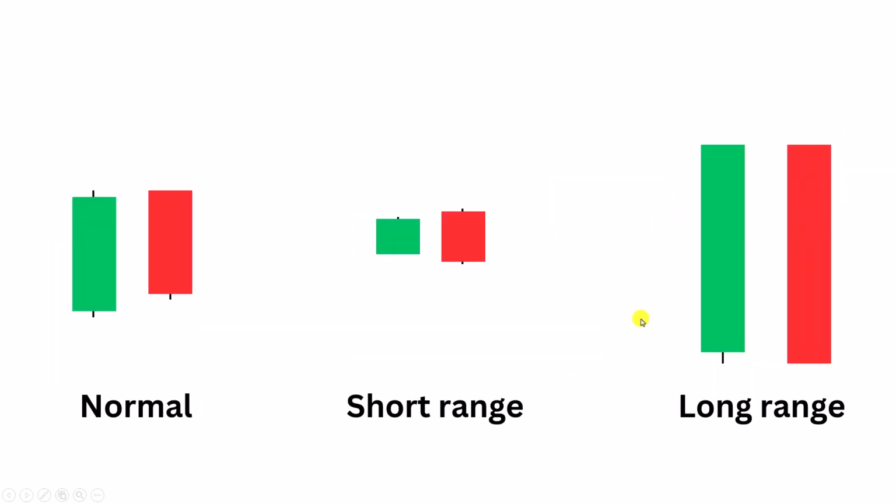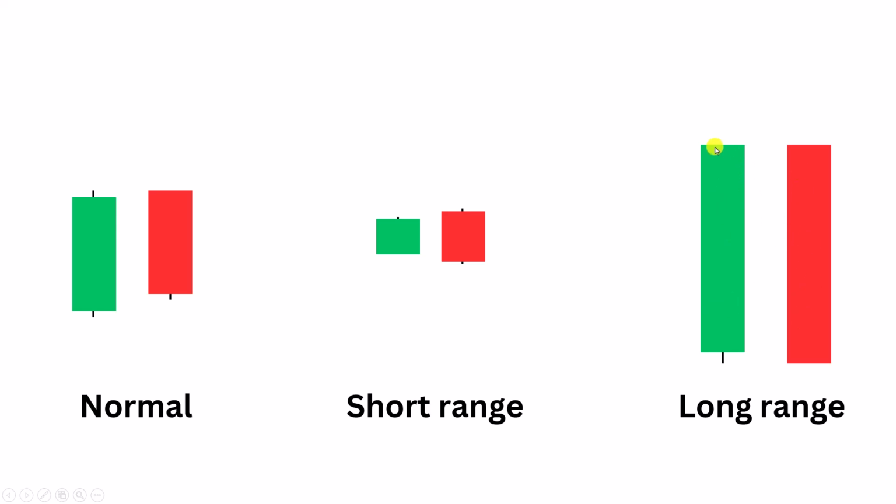Now, if you take any candlestick chart, you will look at these three types of candles: long range candles, short range candles, and normal candles. The long range candles will be very long.